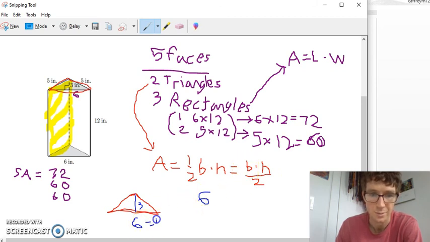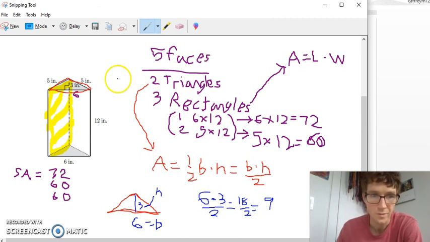I'll say this is the base. Remember that 3 there, that's the height. So 6 times 3 divided by 2. 6 times 3 is 18, divided by 2. What's 18 divided by 2? That is 9. So the area of the triangle is 9.